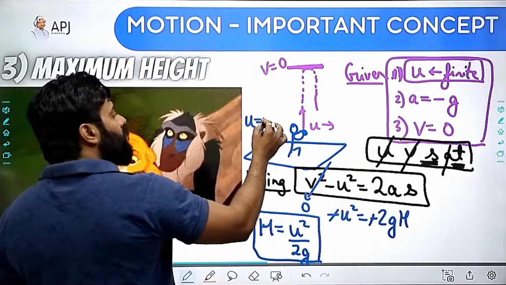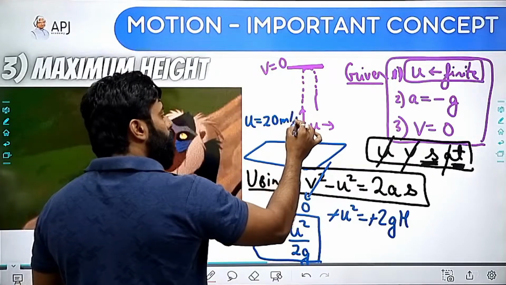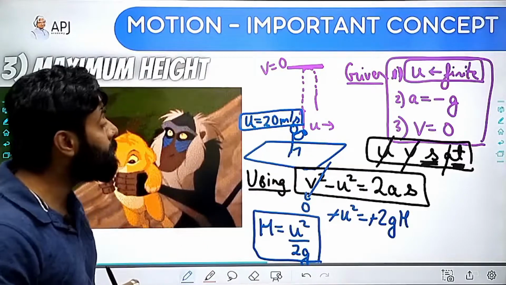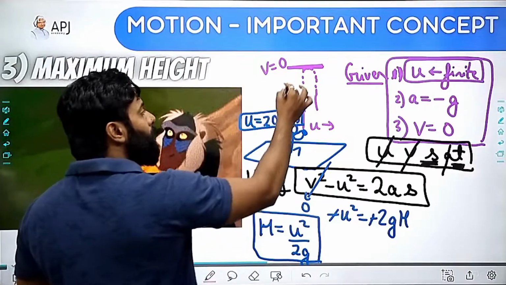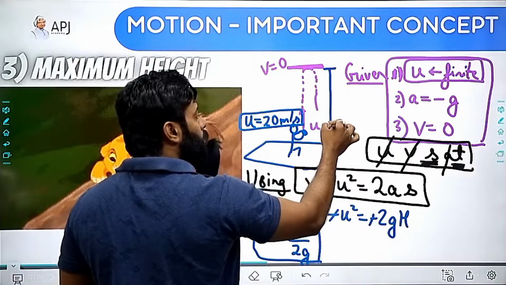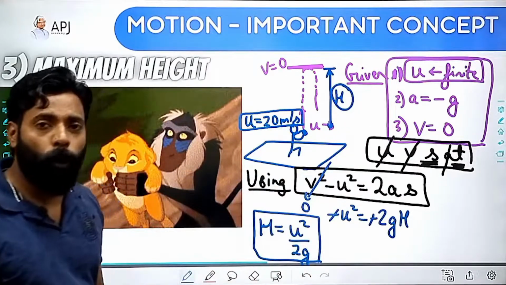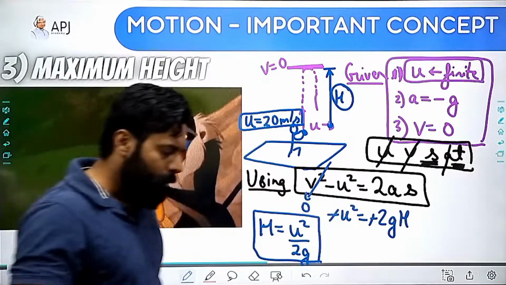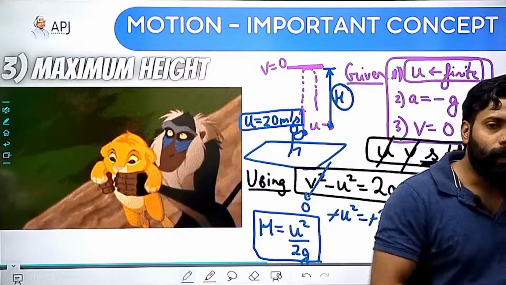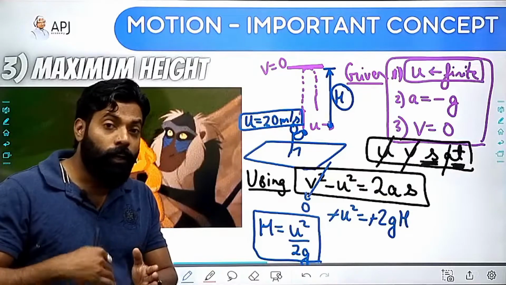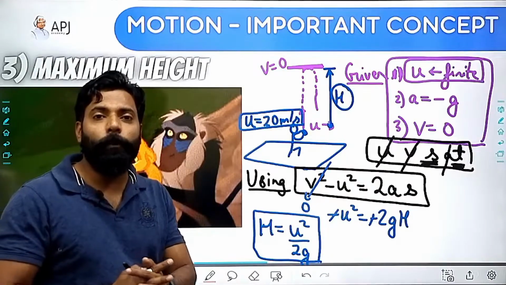So imagine that you are throwing a ball with a velocity of 20 meter per second. Then what will be the height of the ball? Please let me know. Keep your energy high. Kinematics is very important, and tomorrow we are going to discuss the pulley numericals.